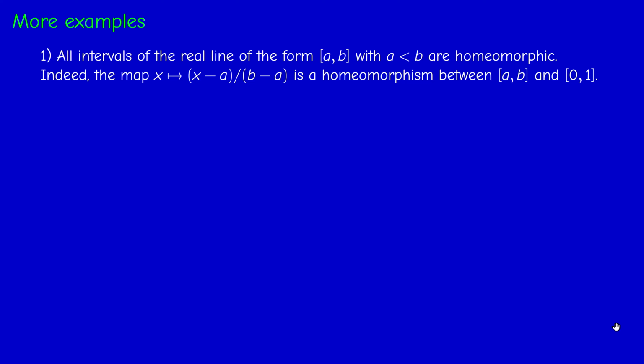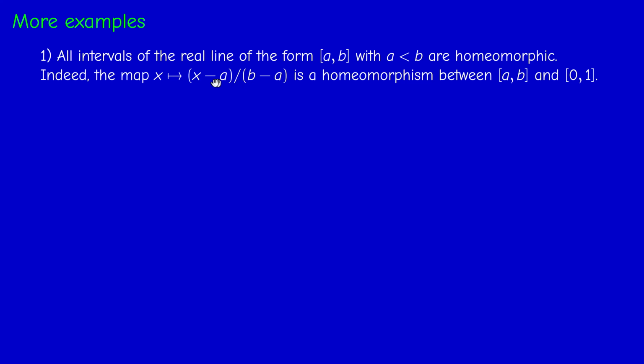How do we move from the interval [a, b] into the interval [0, 1], or vice versa? It's very easy to imagine. It's just a translation followed by a homothety, if you like. So if you consider this map, this is a linear map, given by (x - a)/(b - a). What does it represent geometrically? It's a translation, because I can write this as x/(b - a) minus a constant.